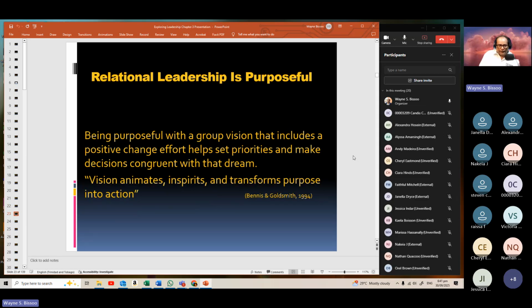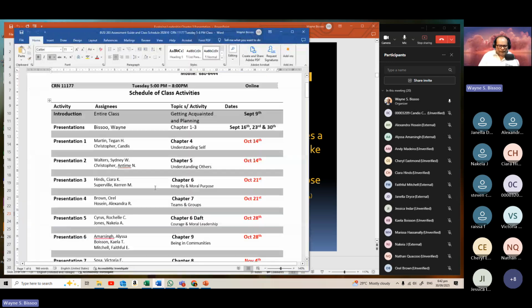All right. There is a group that is going to deal specifically with vision, mission statements, and the power and functionality of vision and purpose. That'll be one of the chapters out of Daft, if I remember correctly. There we go.